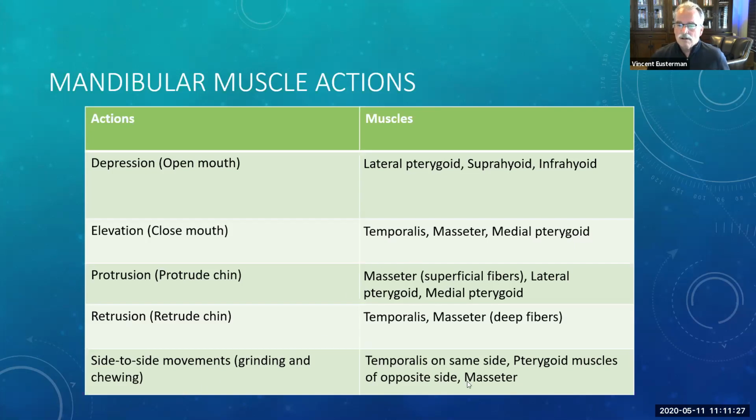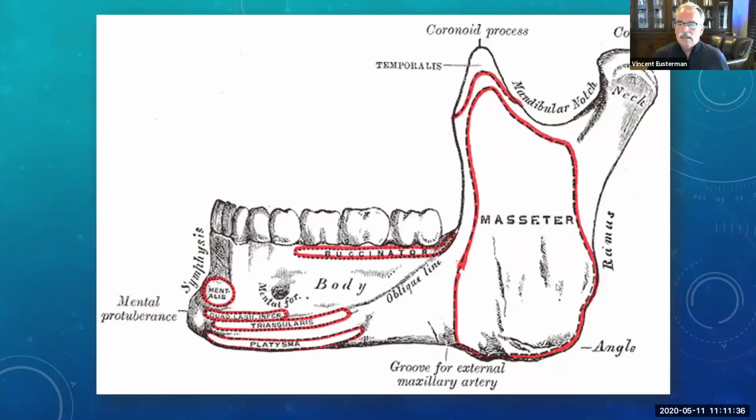And they all are affected by certain fibers of each of these muscles that actually work independently. The outer portion of the mandible is mostly masseter attachment, a very strong muscle with some temporalis at the coronoid.